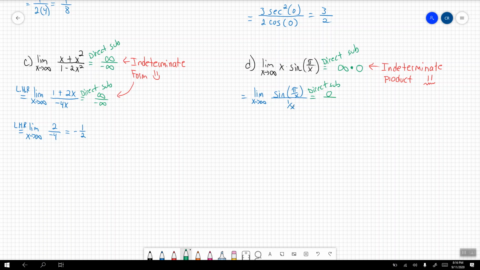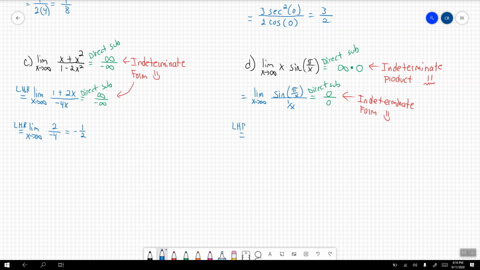That means my fraction 1 divided by x is going to tend to 0. And therefore, we have the indeterminate form that we love, because now we can use L'Hopital's rule. So let's go through and let's start applying L'Hopital's rule now.